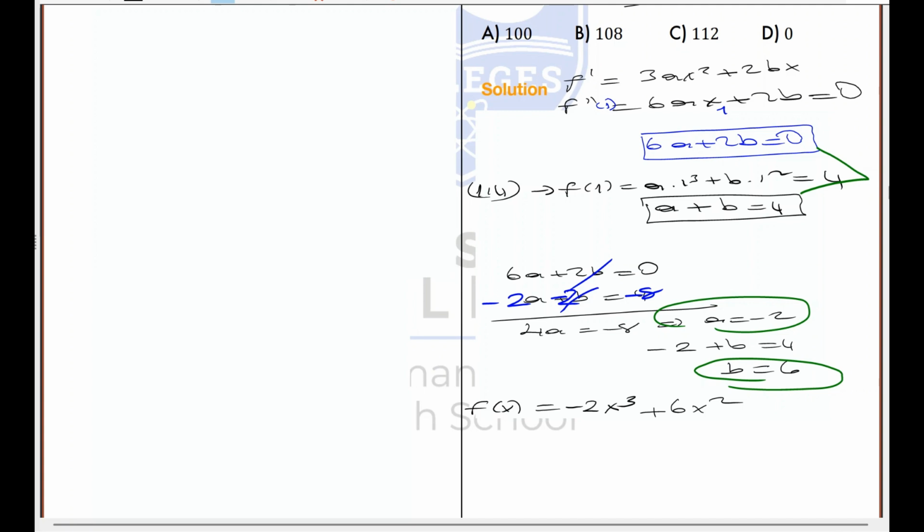So now we are going to substitute -3 for x. So -2 times -3 cubed plus 6 times -3 squared. When you type this in the calculator and do the calculations correctly, you are going to have 108 as an answer.